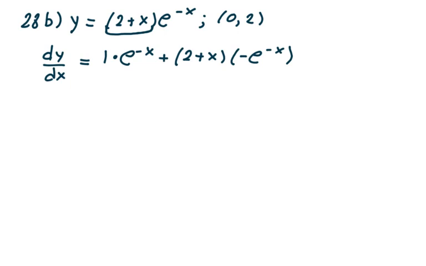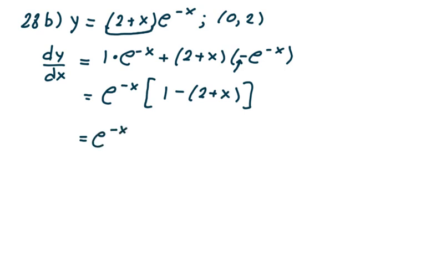Now I'm going to simplify it a tiny bit. I'm going to factor out an e to the negative x. When I do that, I get 1 minus 2 plus x. So don't forget that minus sign there, which is e to the negative x times negative 1 minus x.